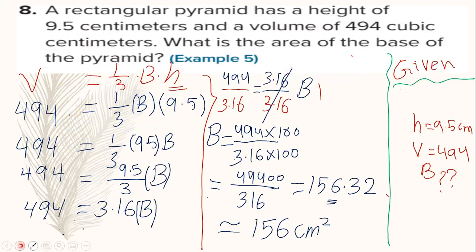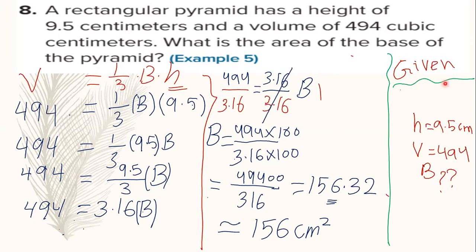This is exercise 8, textbook page 485. A rectangular pyramid has a height of 9.5 centimeters and a volume of 494 cubic centimeters. What is the area of the base of the pyramid? There is no figure given, so I have to write my given outside on the draft.